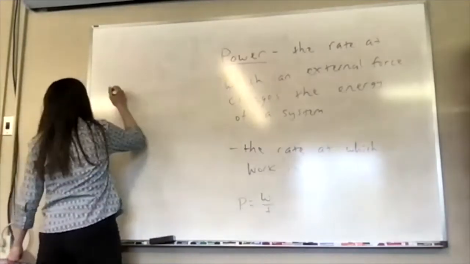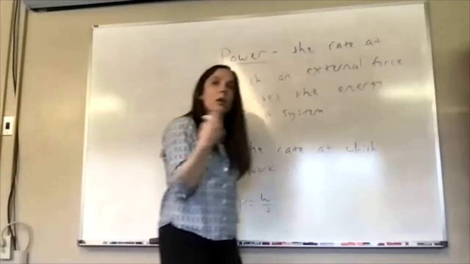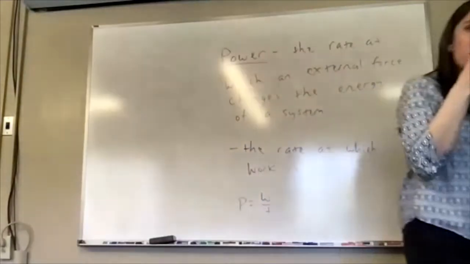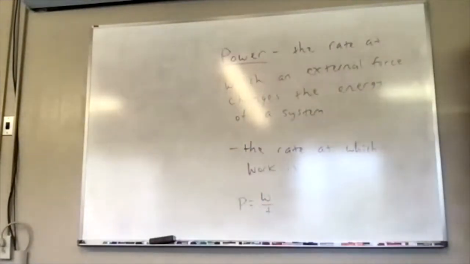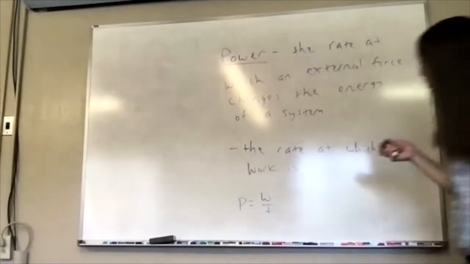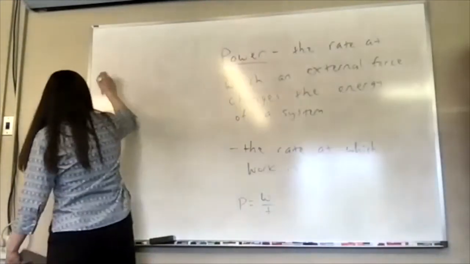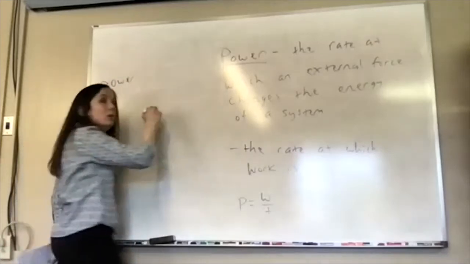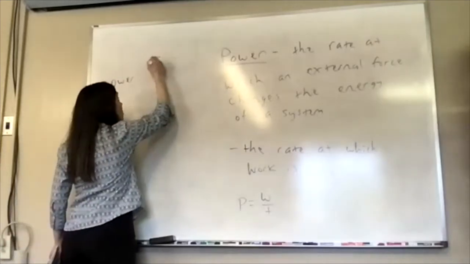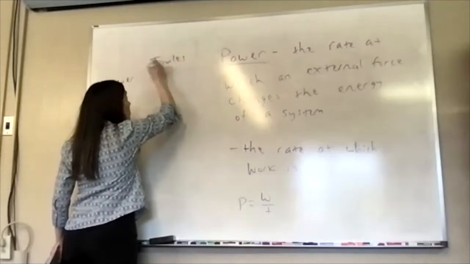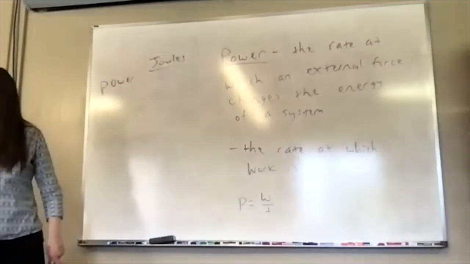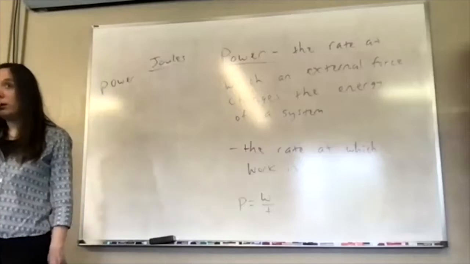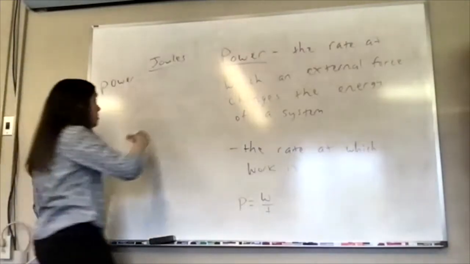Now the units for power. So power is work over time, right? What unit do we use for work? How do we measure work? Joules. So the units for power would be joules over what? What unit do we use for time in science? Lauren? Seconds. So joules over seconds.